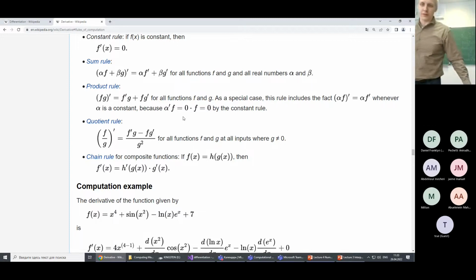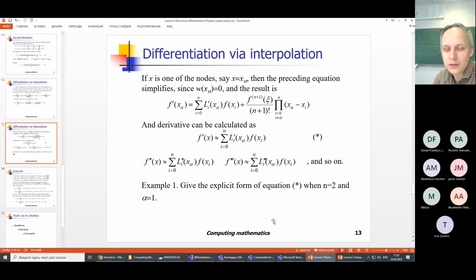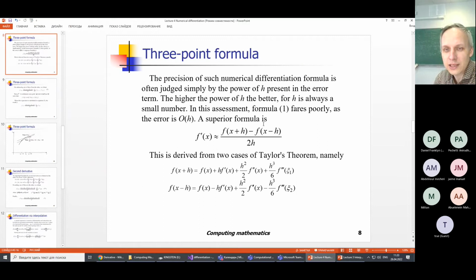And moreover, this simple formula will correspond to the 3-point formula when x equals to x1.